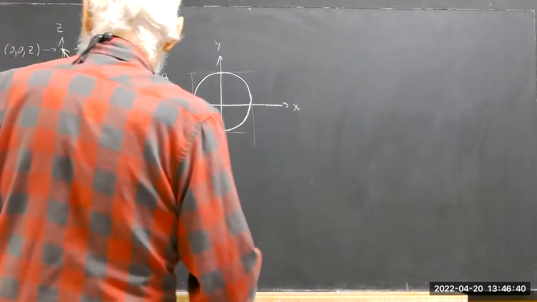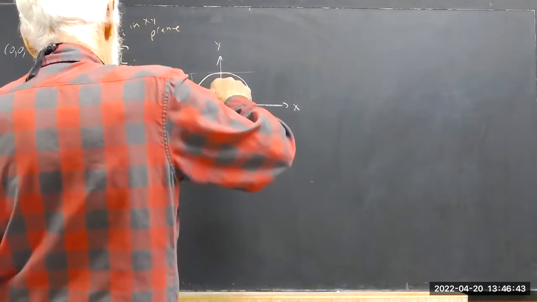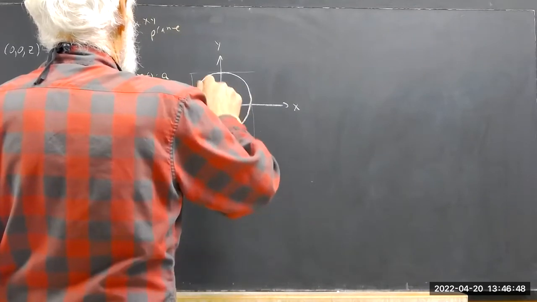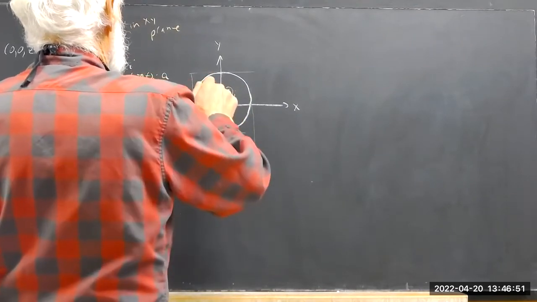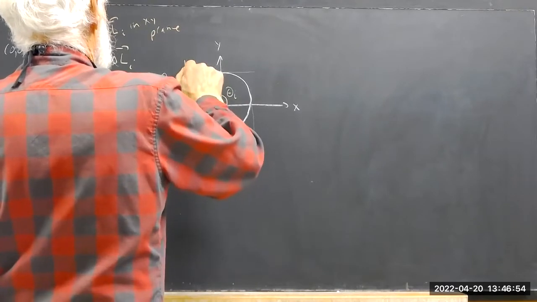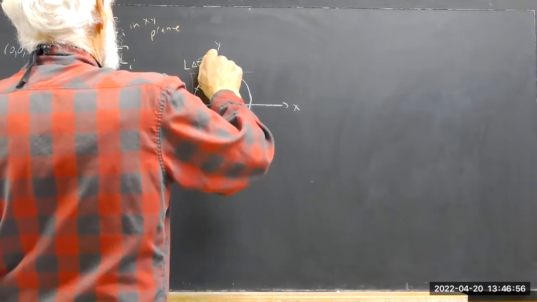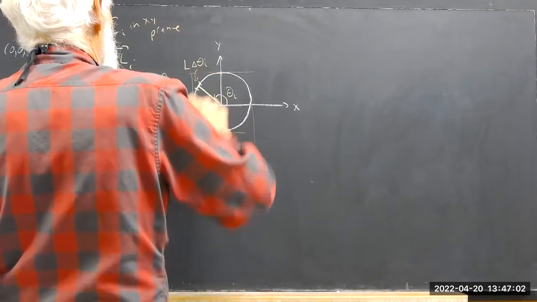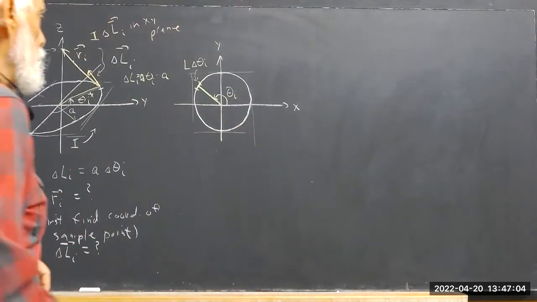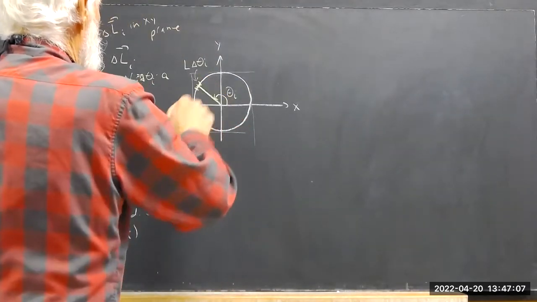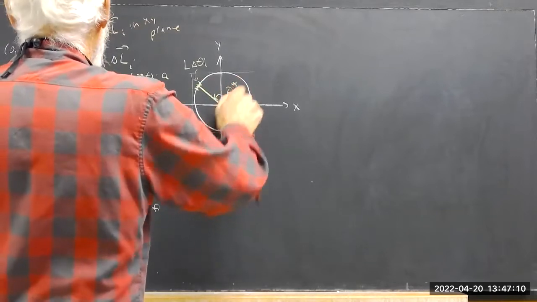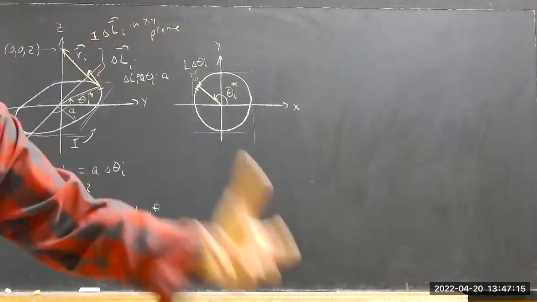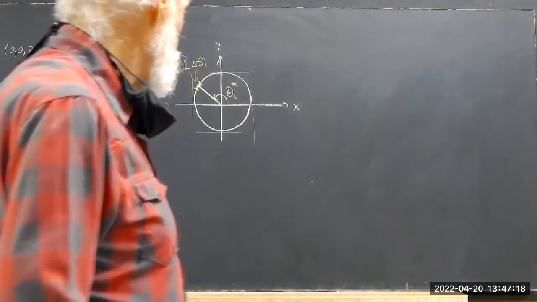Okay. It's going to look like this. Here's your theta sub I. Here's your increment of length A delta theta sub I. Okay. And here's your point. And this is not theta sub I, it's theta sub I star, the theta for your sample point within the ith increment of the partition.